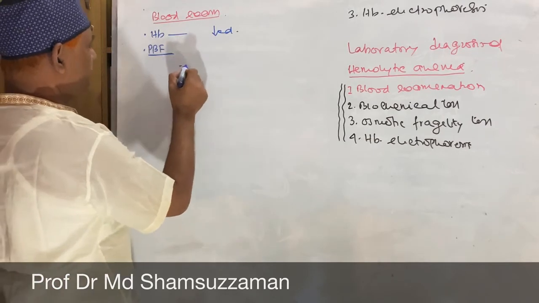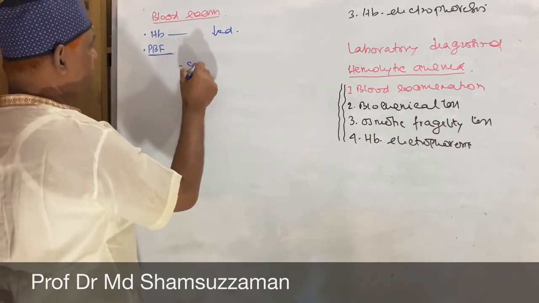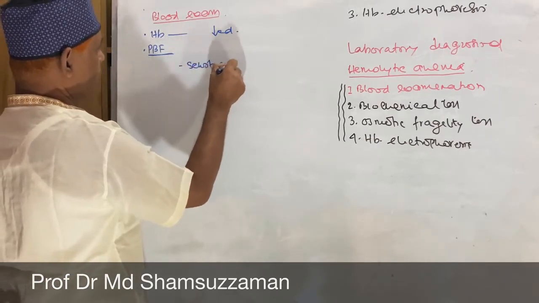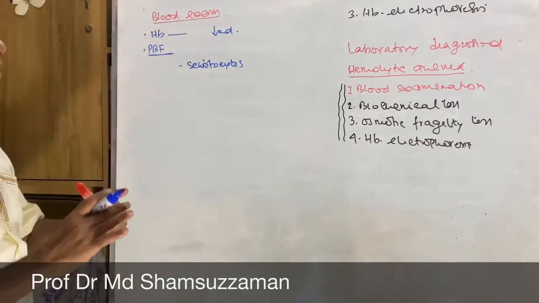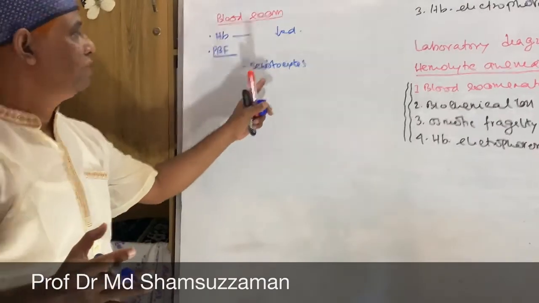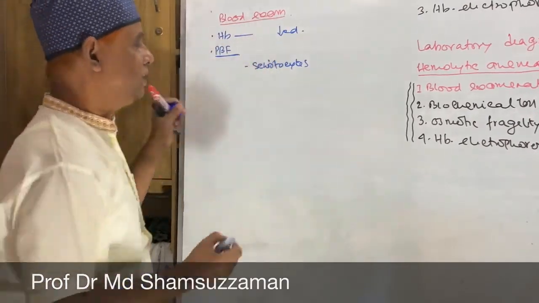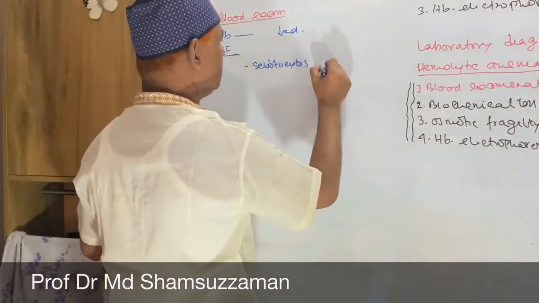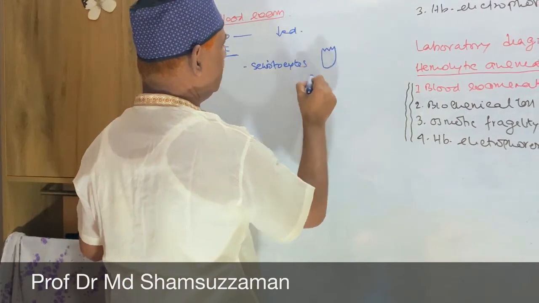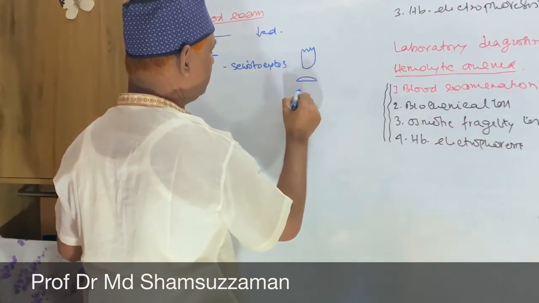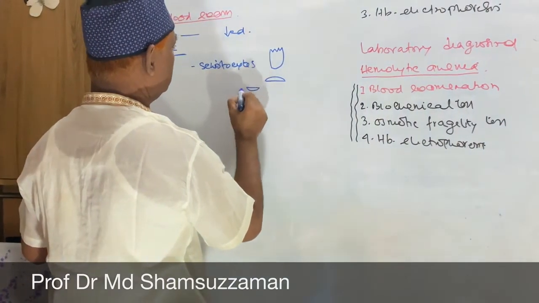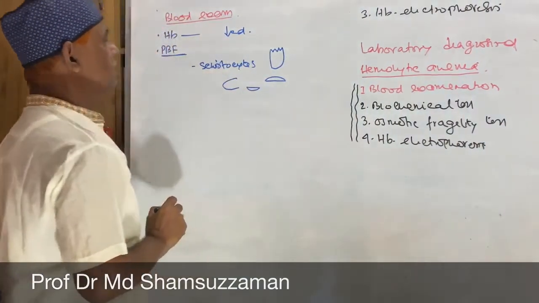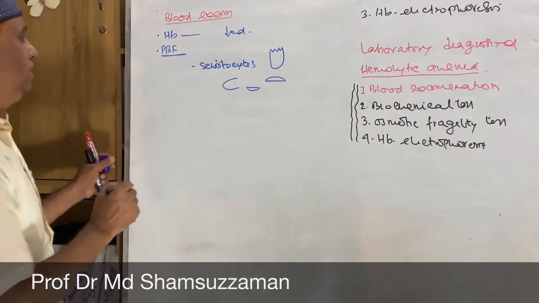Here we will get fragmented RBC, that is schistocytes. In all types of hemolytic anemia, as there is hemolysis, we will get fragmented RBCs, schistocytes, like the RBC like this, the RBC like helmet shaped, or RBC like this. These are the schistocytes or fragmented RBCs.